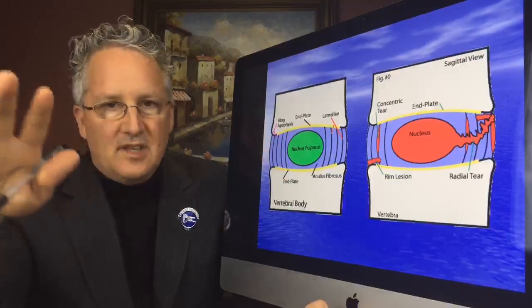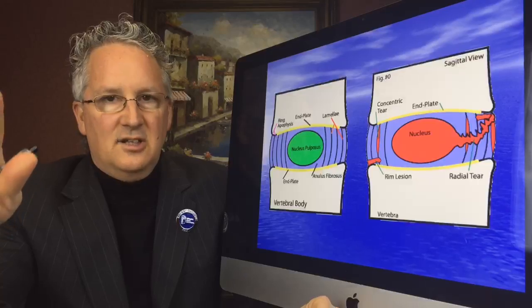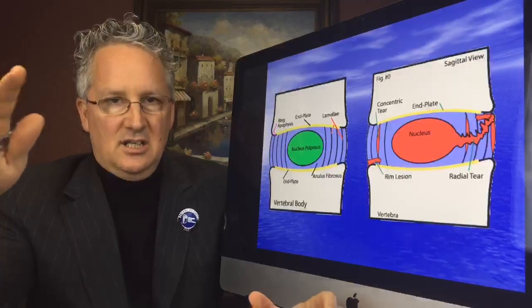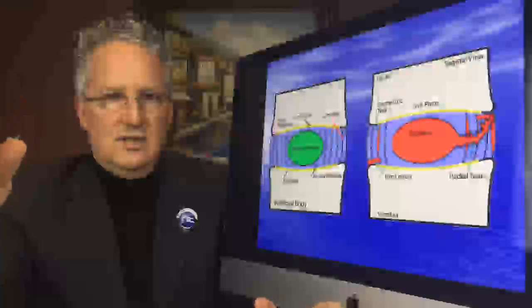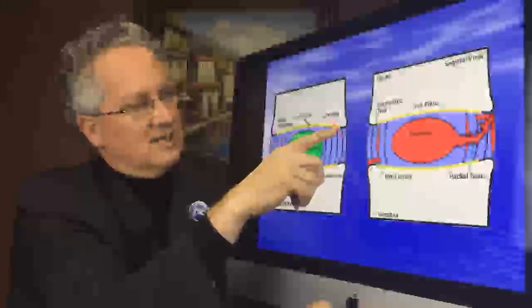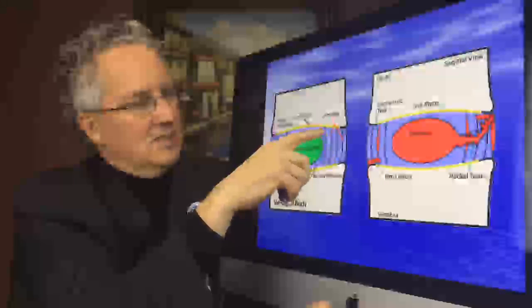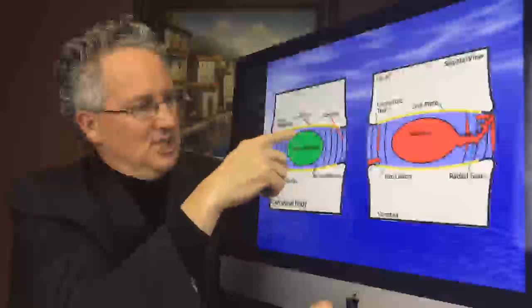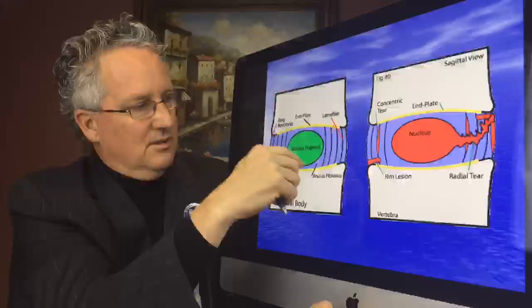Now, to understand the herniated disc, you have to understand the structure of the disc. And the disc is like a jelly donut. It's like a jelly donut in the sense that the outside of the disc, there's a thick material. We call that thick material the annulus. And inside the disc, there's a jelly-like substance we call the nucleus.